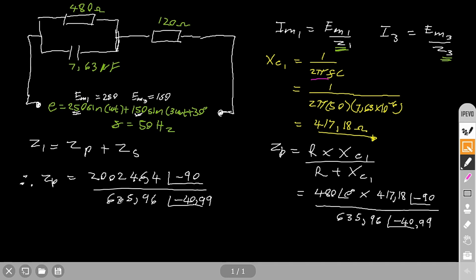So you just divide these two. Remember, guys, when you are multiplying, the angles will add to each other, but when you are dividing, the angles will subtract from each other. So this number divided by that number, the answer you're going to get is 206.53, right?